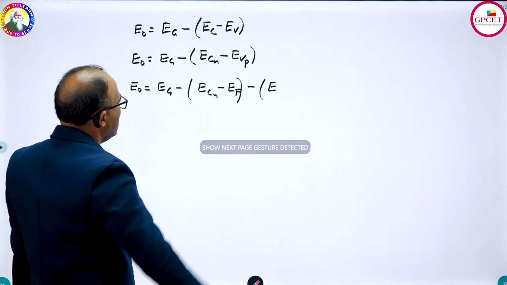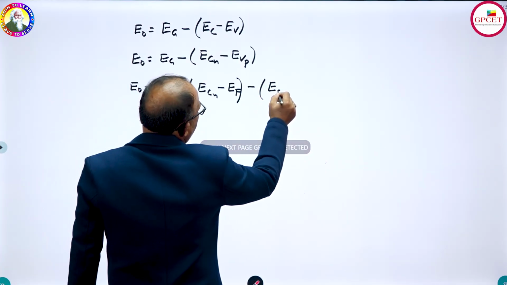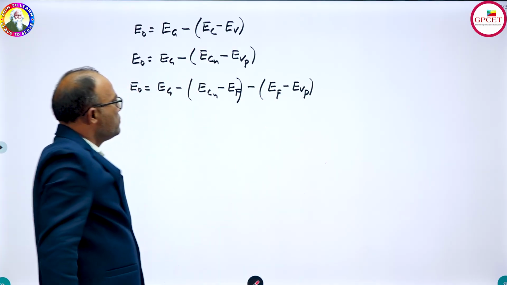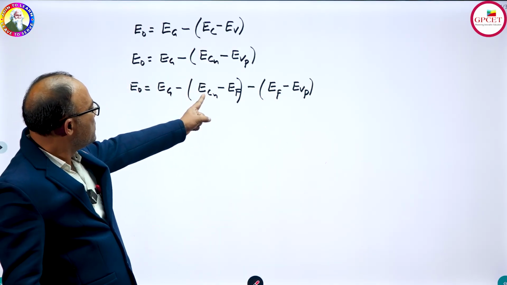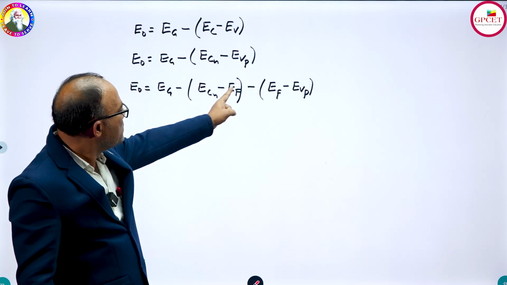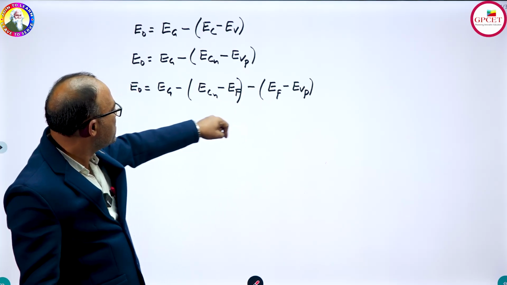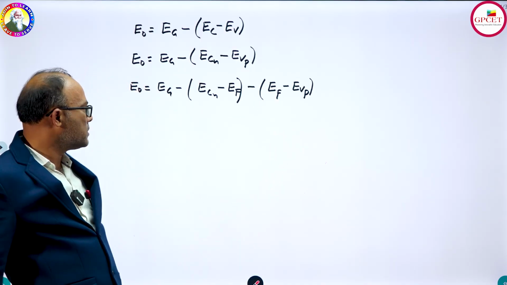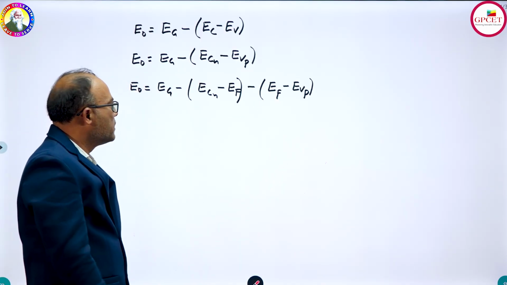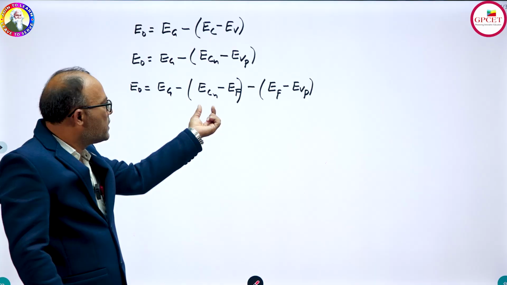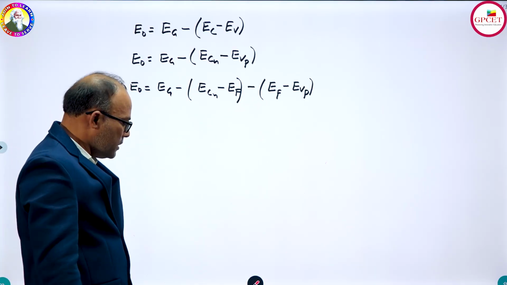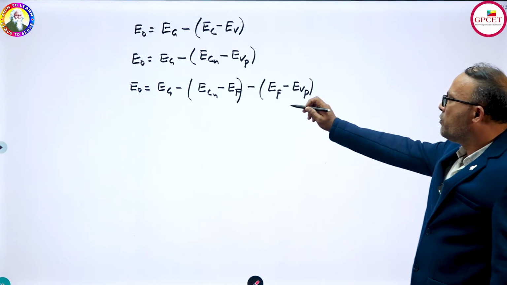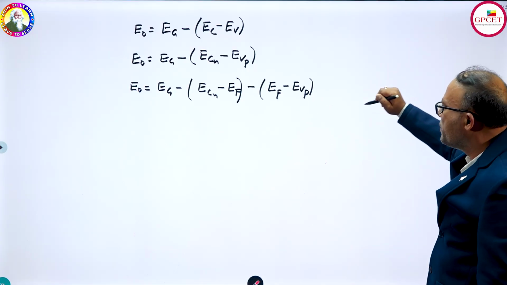If you do it, minus Ecn, minus of minus is plus, and Ef gets cancelled, so we can write this as Ecn minus Ef and Ef minus Evp likewise. Now let us see what this Ecn minus Ef and Ef minus Evp are. We already have the Eg equation.